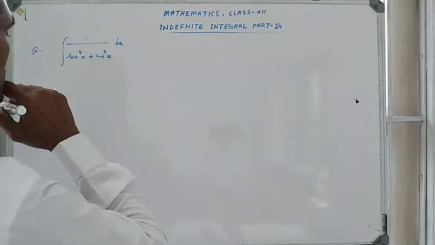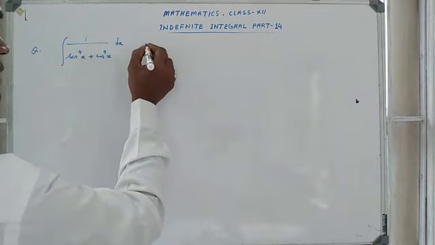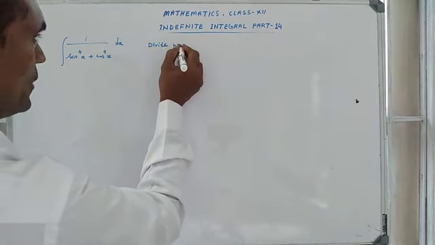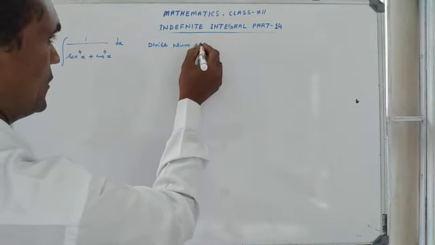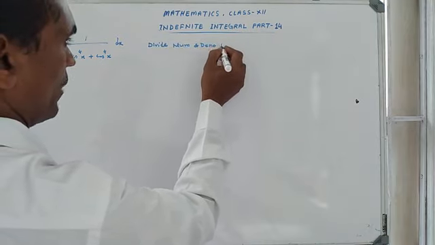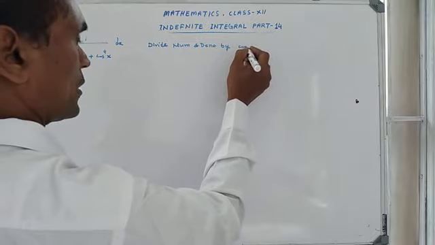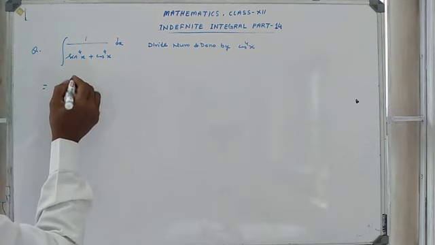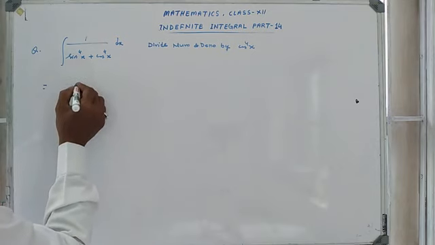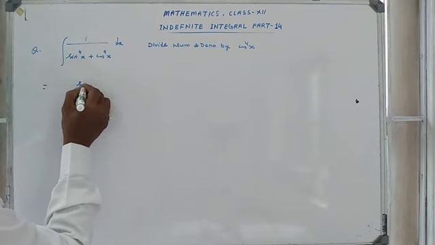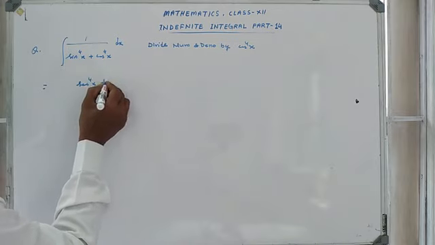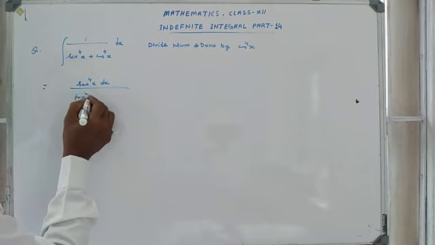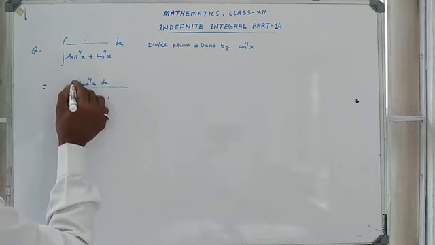So here also you divide numerator and denominator by cos^4 x. See what it will change. 1 by cos^4 x, that means sec^4 x dx, and in the denominator tan^4 x plus 1.